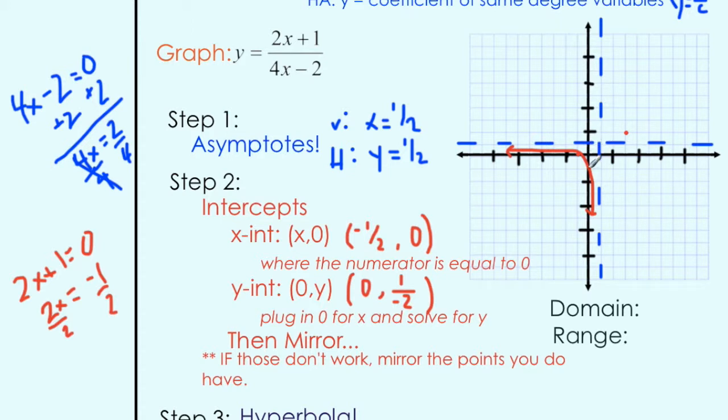So from here, I'm actually going to go up 1 and over 1/2. So my hyperbola should be here, and it should be an exact mirror. So if the x and y axis were invisible, these black ones here, it would be a perfect mirror.